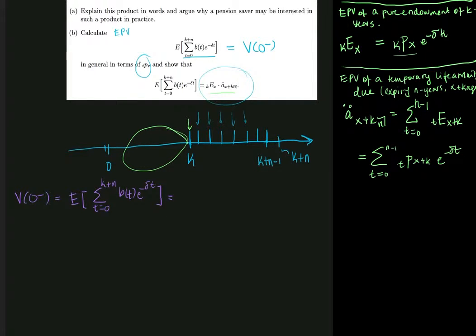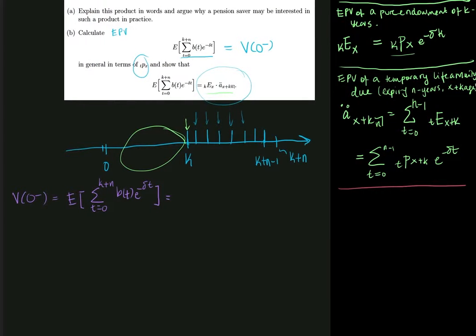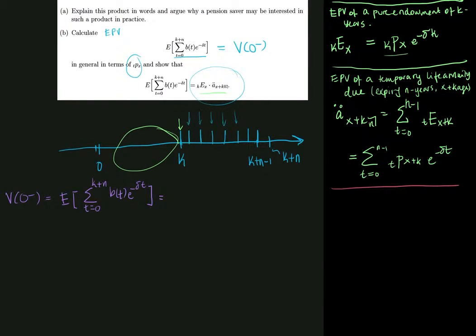Now, the first thing that we can notice here, almost a rule to remember, is that whenever we have the mean value of a sum of stochastic variables, we can actually interchange the summation and the expected value sign.